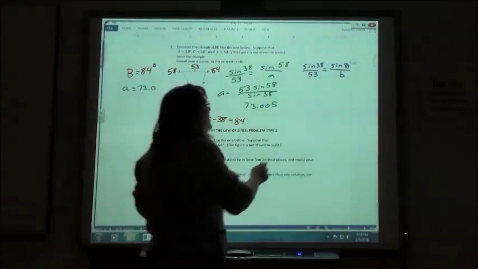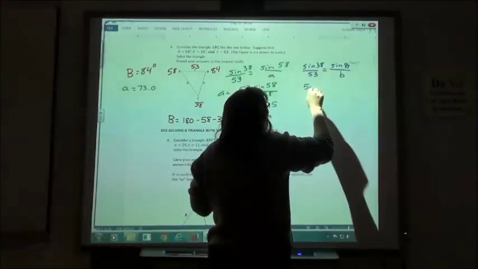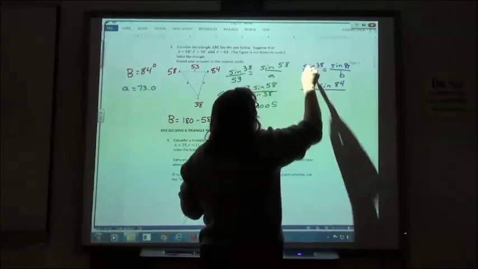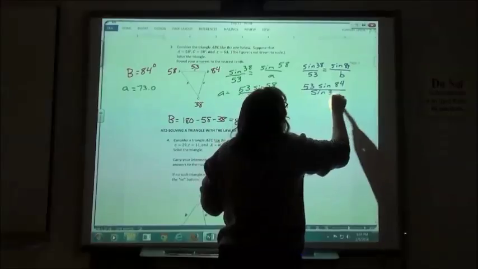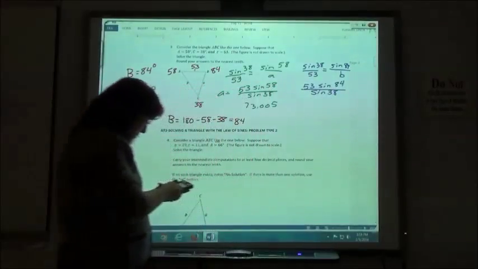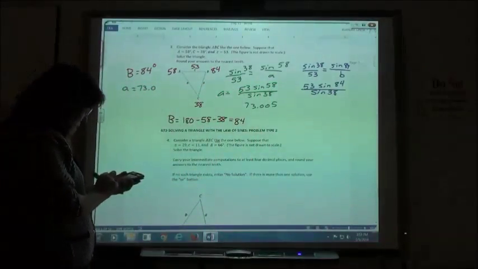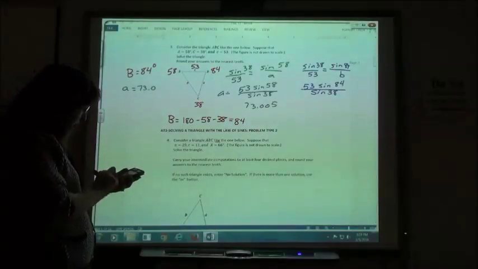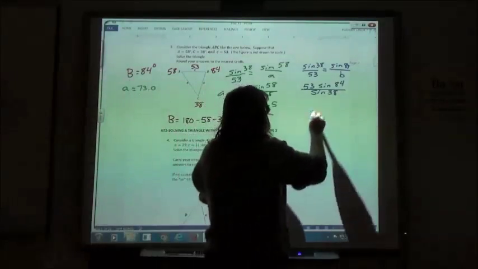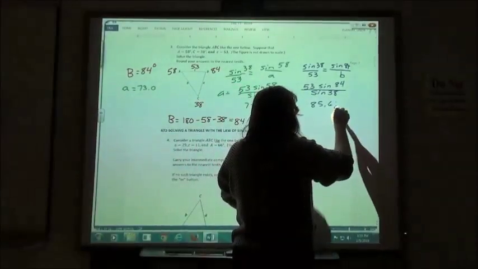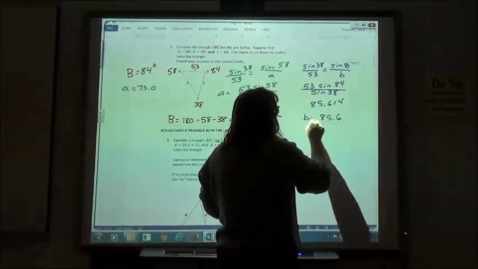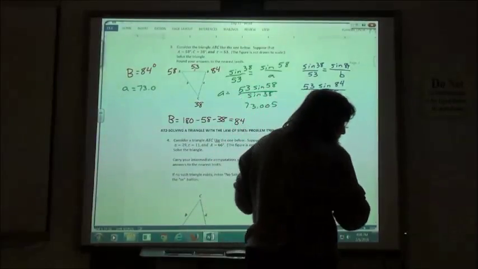So, cross multiplying, we're going to have 53 times the sine of 84, and then we're going to end up dividing it by the sine of 38. So 53 sine of 84 divided by the sine of 38 gives me 85.614, so 85.6 would be my answer for how long is side B.